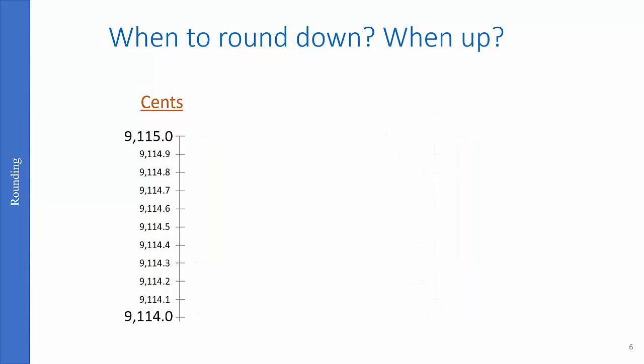When should we round up and when should we round down? 9,114.5 is exactly in the middle, and so anything above that we should round up. Anything below we should round down. Now really the 0.5 is exactly in the middle, although we tend to round up with that one because if there is another digit after the 5, we're definitely over that halfway mark.